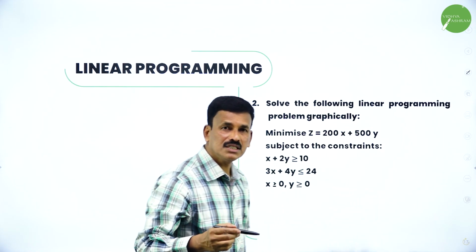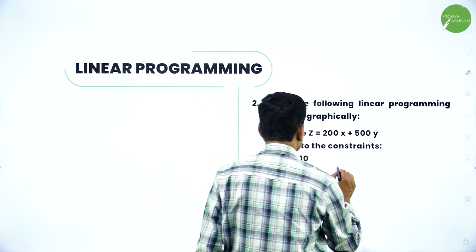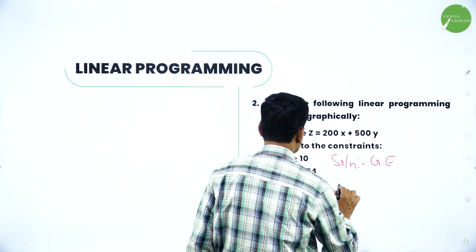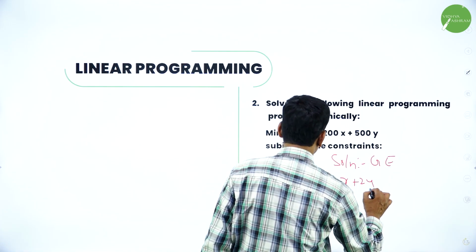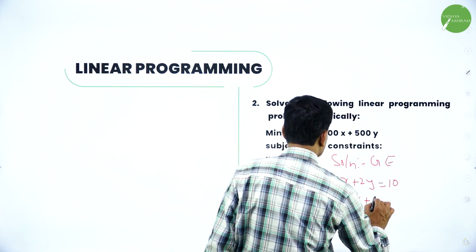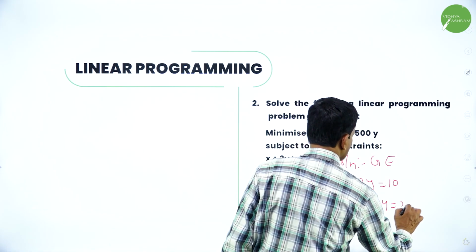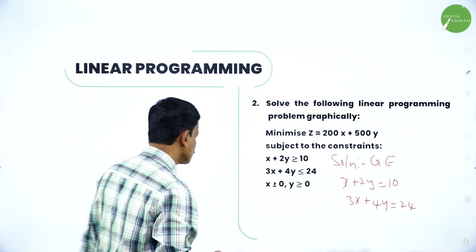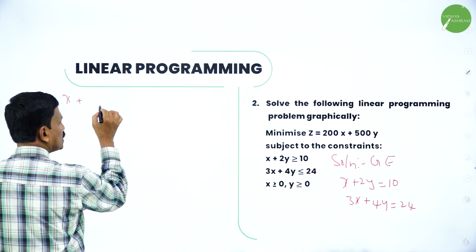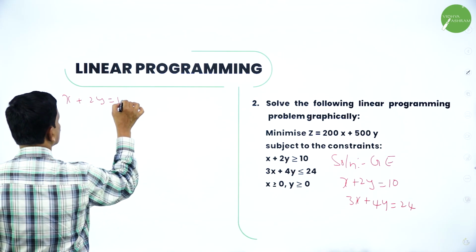Now let us convert these inequalities into equalities first. The given equations can be written as x plus 2y is equal to 10, and another one, 3x plus 4y is equal to 24. Right. Now let us solve this. First equation, x plus 2y is equal to 10.